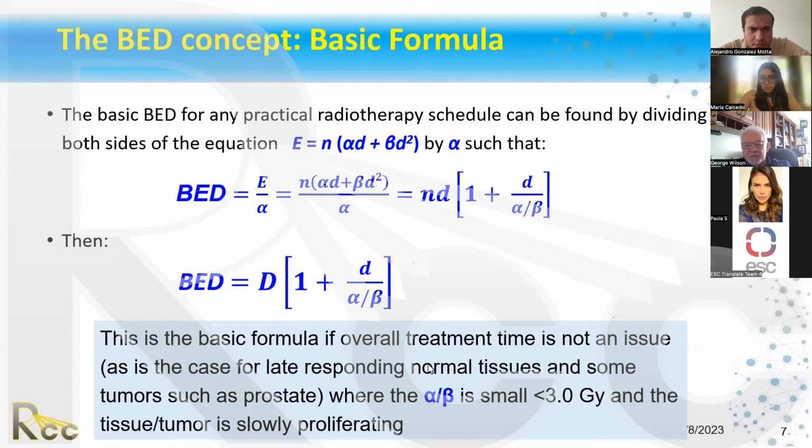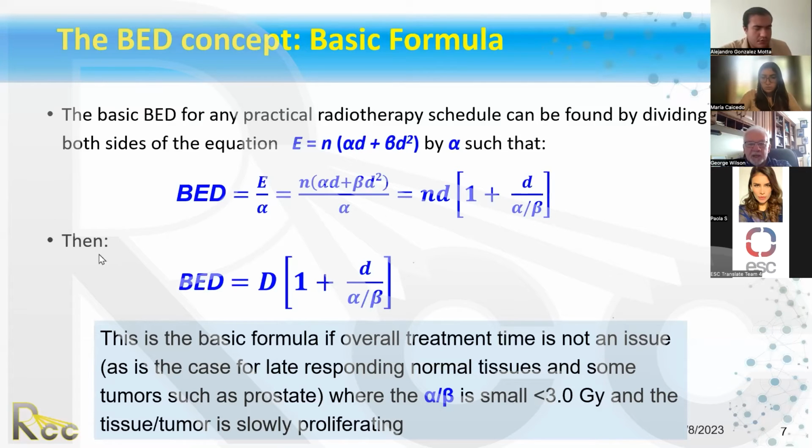And when the alpha beta ratio is small, less than 3 gray, for instance, that's characteristic of a late responding normal tissue. In late responding normal tissues, the overall treatment time is not really an issue because they don't respond until after the treatment's finished.